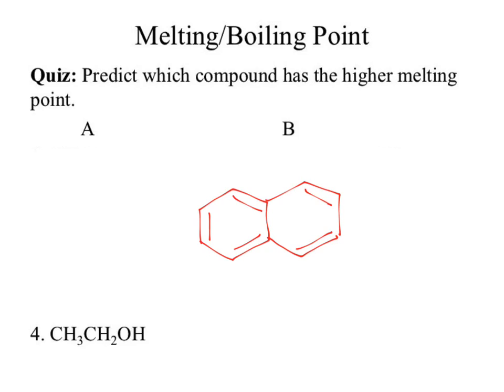And we'll also have hydrogens associated with that. If we drew out the formula, C10H8. That's the chemical formula for that compound. If we compared these two compounds, which would you predict to have the higher melting point? B.